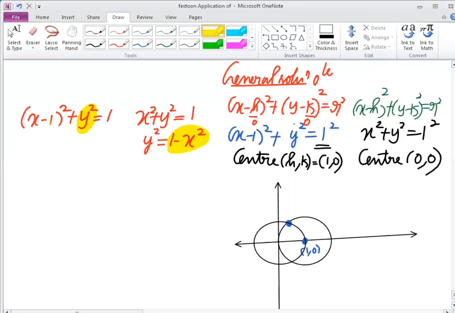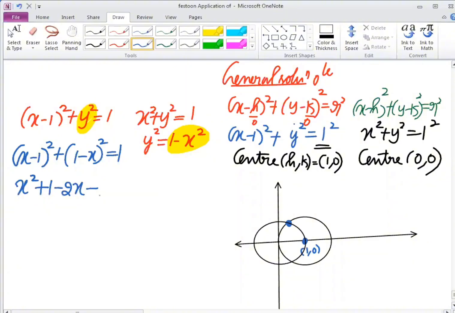That implies (x minus 1) whole square plus 1 minus x square is equal to 1. So if I expand this, x square plus 1 minus 2x plus 1 plus 1 minus x square is equal to 1.